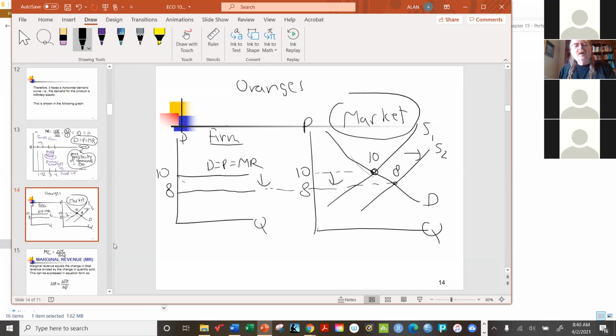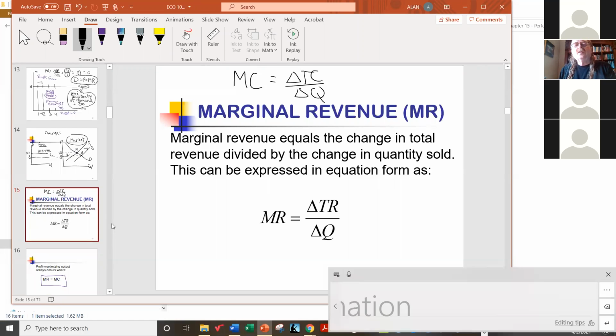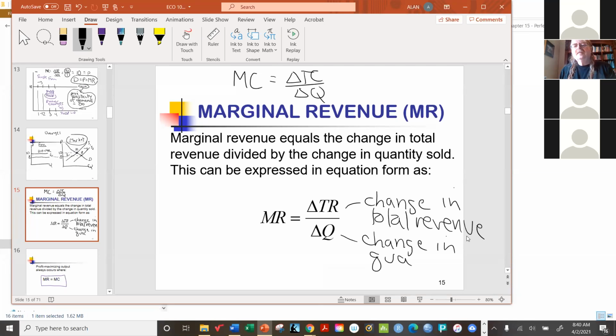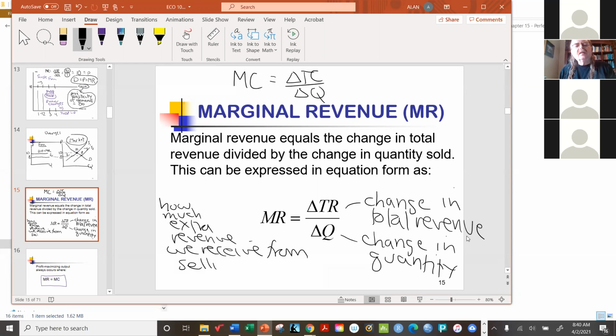All right. And then finally, we need to define this incredibly important concept called marginal revenue. Marginal revenue simply means the change in total revenue divided by the change in quantity produced or sold. So we'll just call it change in quantity. So basically, this tells me how much extra revenue we receive from selling one more unit of the product.